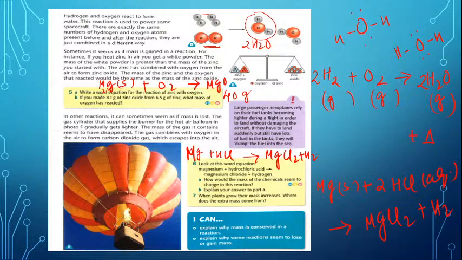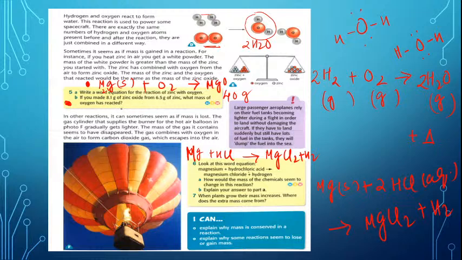Understood, Rishika? So, how would the mass of chemicals seem to change in this reaction? We can see initially the mass of reactant was less, right? Initially, in this case, the mass of reactant was less, like in this case also. But after the chemical reaction, the mass has increased. Why is it greater?